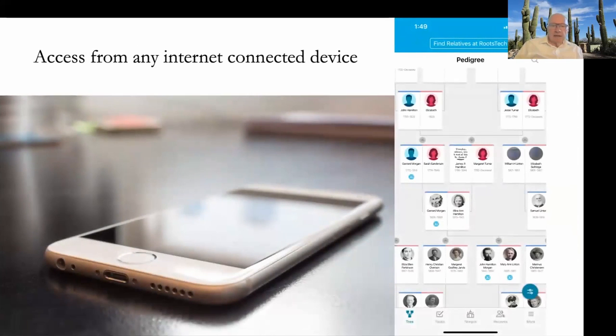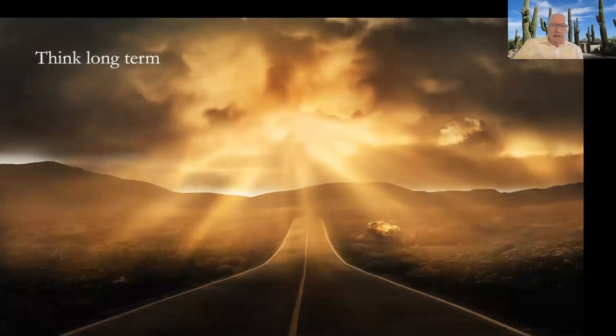And this goes back to the same thing I said a few minutes ago, and that is, I can access my information from any connected device. So that's a very great advantage to me. And now I'm telling you to think in the long term. Start thinking about not what's going to happen to your data tomorrow, which I think would be a good idea to start anyway, but also think about what happens in 10, 15, 20, 30, 40, 50 years.